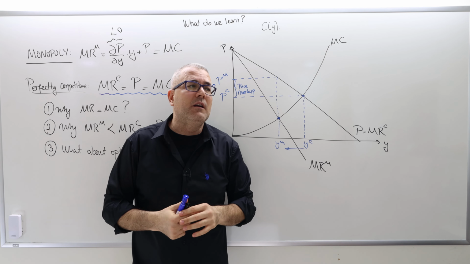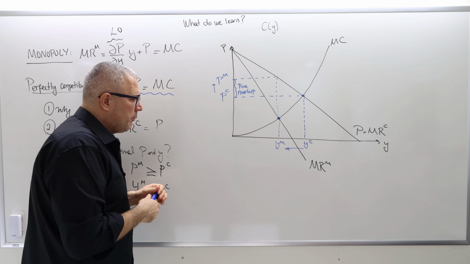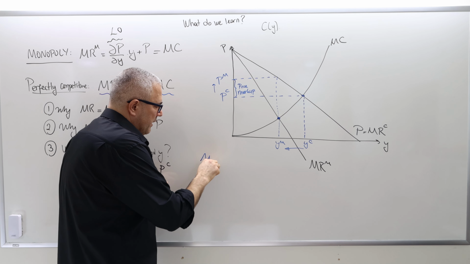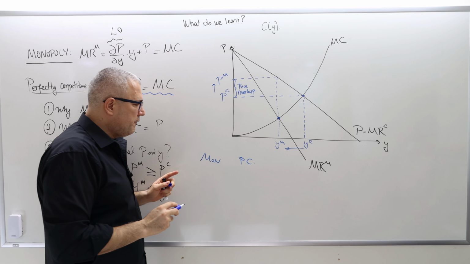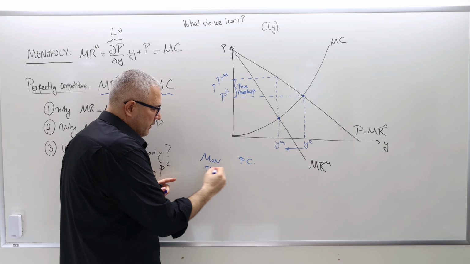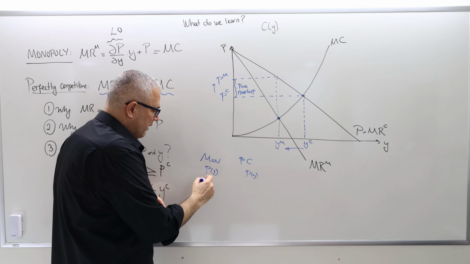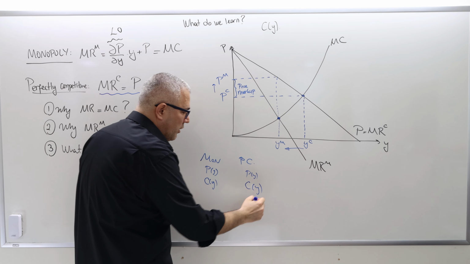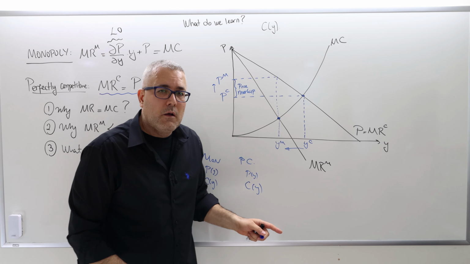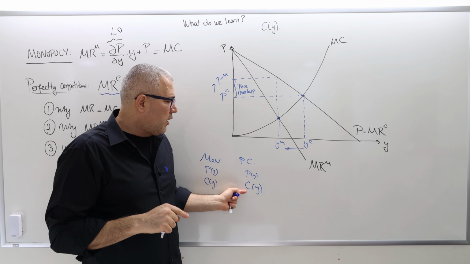Hopefully that's clear. When I compare monopoly with a perfectly competitive market, we assume the following. There's a demand curve, nothing special about that. There's a cost curve of one firm. And there's a cost curve of, okay, this is not the cost curve of one firm.